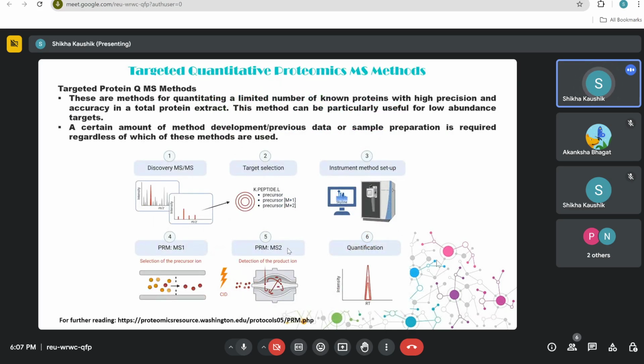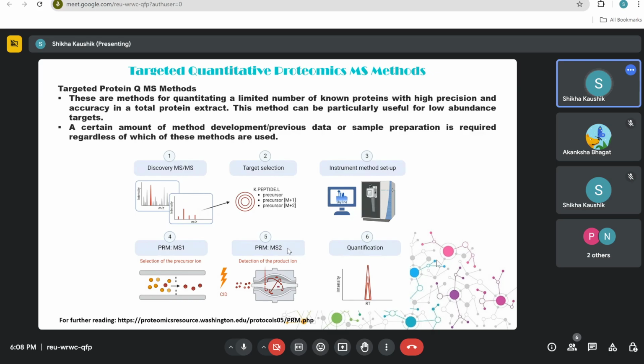If I talk in detail, these are methods for quantitating a limited number of known proteins with high precision and accuracy in total protein extract. You have the prior knowledge, and you want to study a limited number of proteins only because there are many proteins. Even when you do a global proteome analysis, you will leave some proteins that are not known or may get lost during sample preparation.